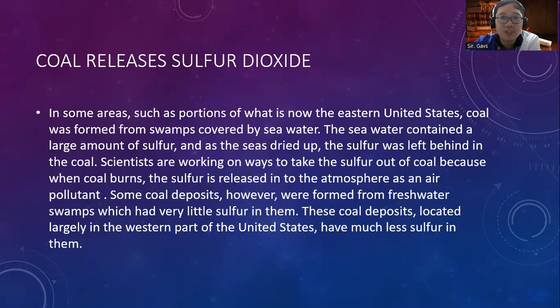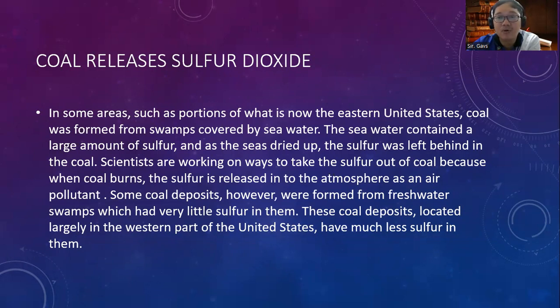Scientists are working on ways to take the sulfur out of coal because when coal burns, the sulfur is released into the atmosphere as an air pollutant. Some coal deposits, however, were formed from freshwater swamps which had very little sulfur in them.